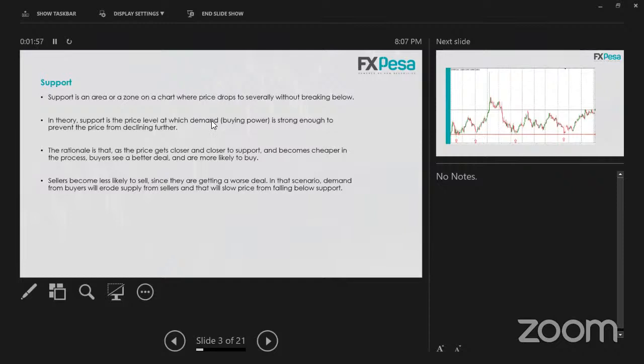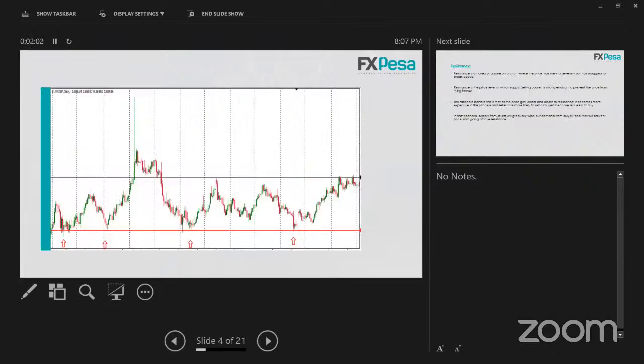If I may give an example of support, you're able to see in these zones that this line does not represent a specific price. For example, if the price was dropping down to the 100 level, that does not mean it will come back to the 100 level and then bounce off.